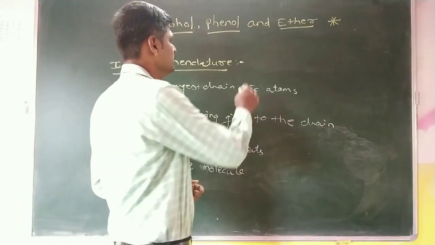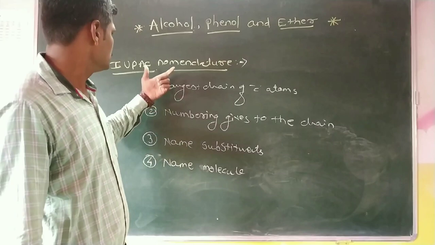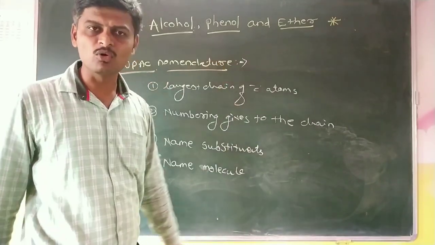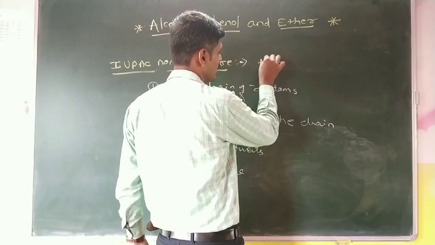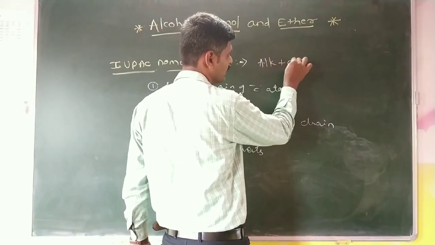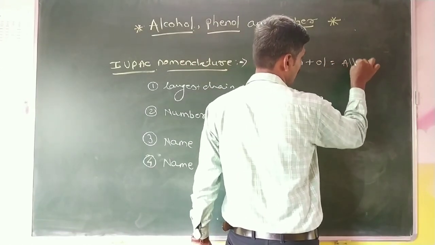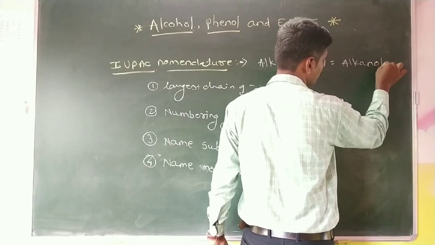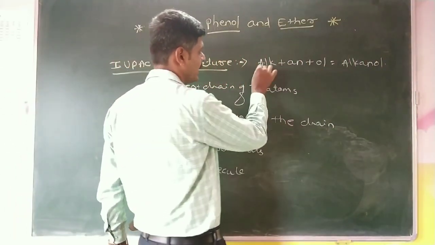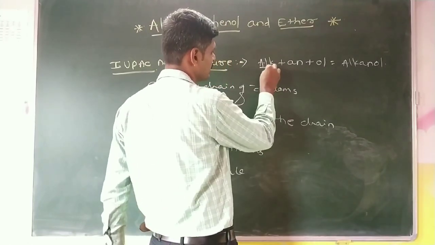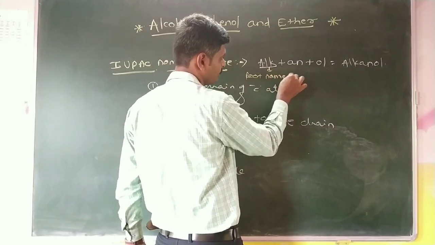But in shortened form, the IUPAC nomenclature of alcohol is named as alk plus an plus ol, that is alkanol form. As usual, we can consider the root name of the molecule.